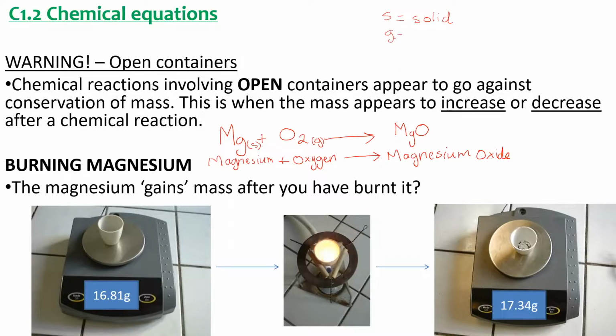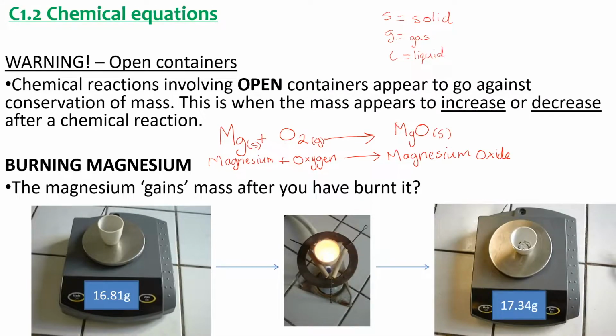Magnesium oxide, you can see it at the bottom there, is a solid. It's a powder, but it's still a solid. There are two other ones you might come across. L for liquid, which is actually quite unusual to come across.